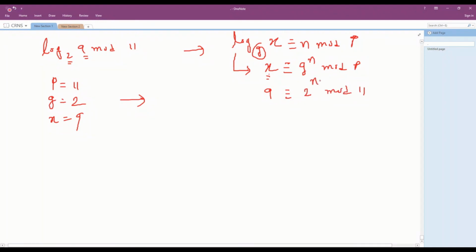Same situation: 9 is given to you, but you need to tell me the value of n, and you will have multiple possible values. Getting? Yes, ma'am. Okay, so that is your discrete logarithmic problem, which we will be using in the future in some of the algorithms.